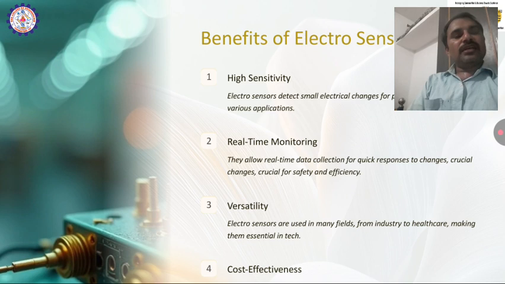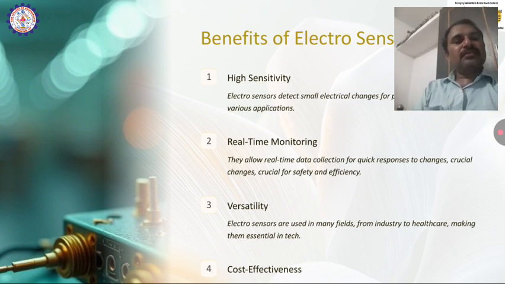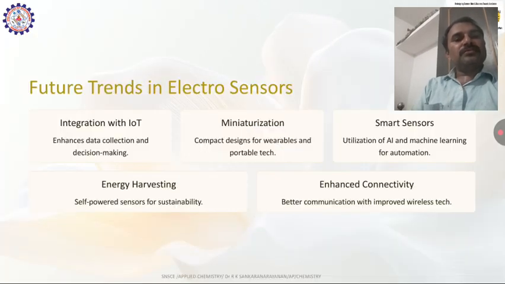Safety in all aspects in a highly efficient way. Versatility, as electrosensors are used in many fields such as industry, healthcare, and technology development. And cost effectiveness: instead of 10 human workers, you can use one sensor, and it will find the result in a great way.